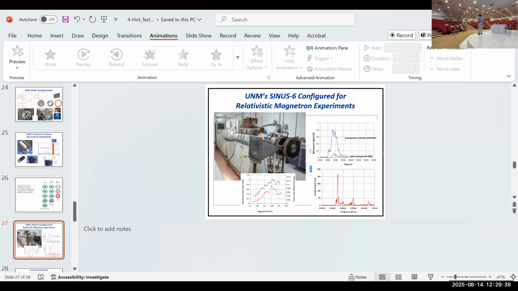If you have an opening in the middle of the cathode, you will enhance the electric field on the surface. So it's going to be higher, and it's going to give you faster electron generation.